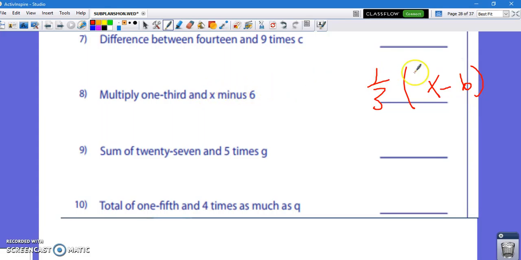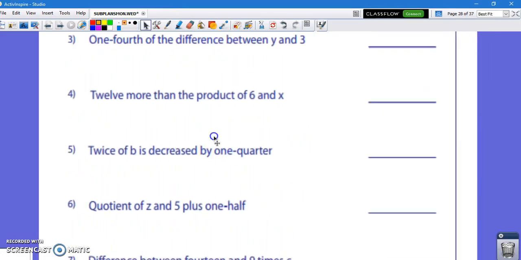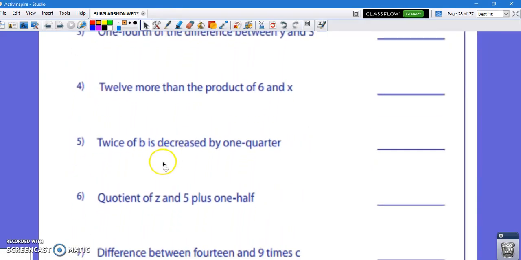You can write it this way, or times x minus 6 would have been fine. So all the ones that require parentheses are done. So we'll make it a little bit easier for you. There should be no more of these answers that require the parentheses.